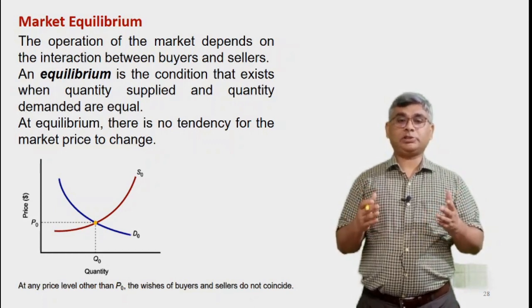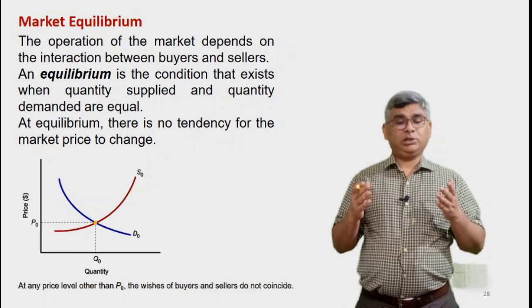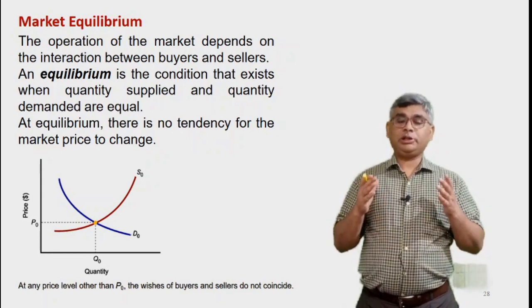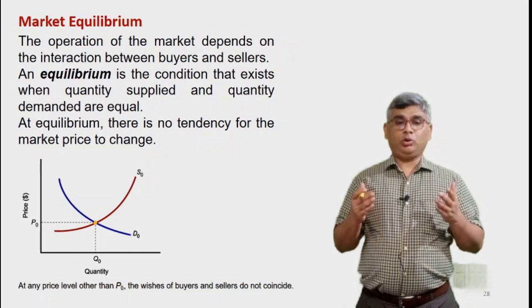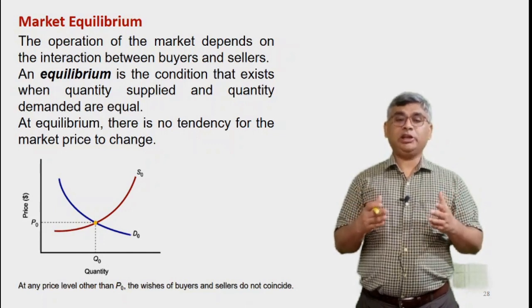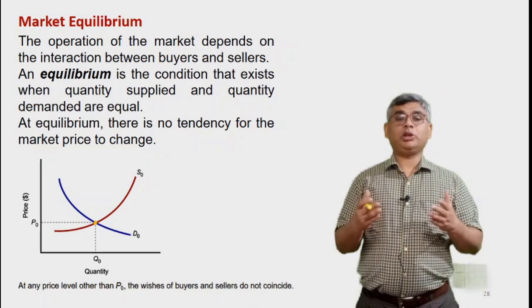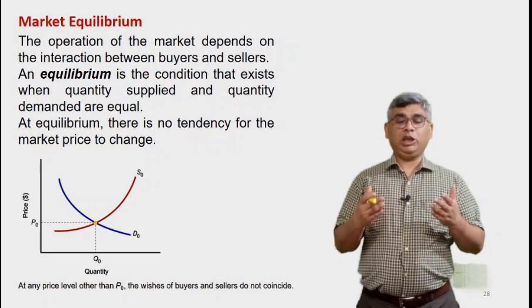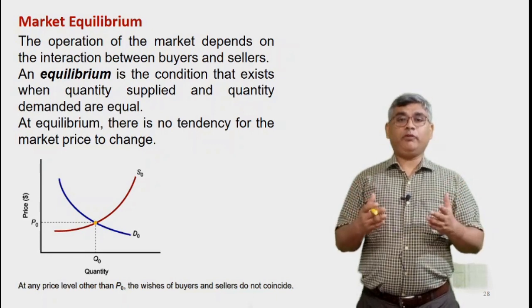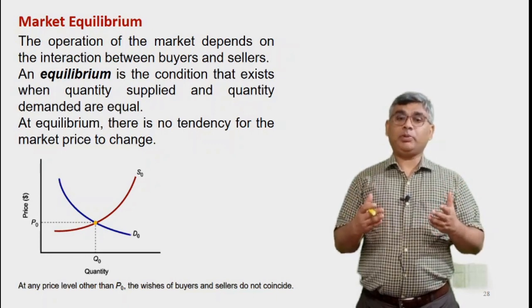This is what we call equilibrium. Now there is a tendency of the market to shift any disequilibrium situation to this equilibrium point. Let us see how this equilibrium is restored when we have a disequilibrium condition.